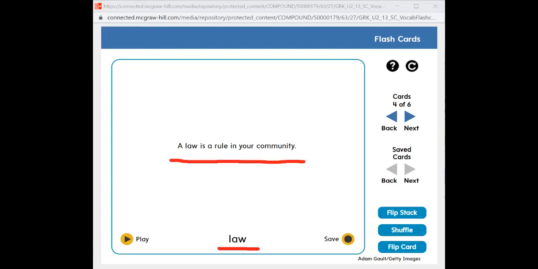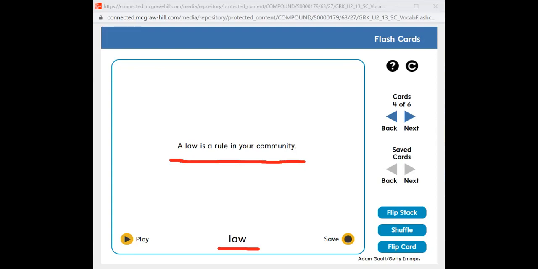In our classroom, we have rules, which are laws. For instance, you have to raise your hand to speak. Maybe there's no speaking when the teacher's speaking. That's another rule, because rules keep us safe and help us learn also. There's no running in the classroom because you might trip and hurt yourself, right?